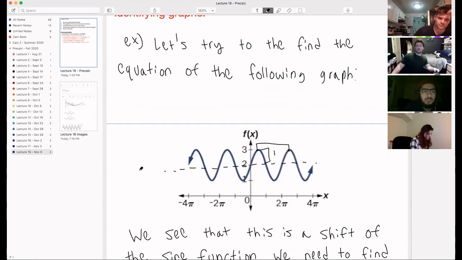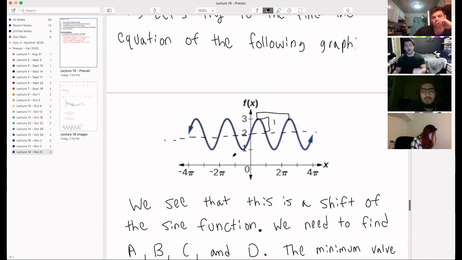Yeah, so that's another tough thing because the cosine and sine graphs look very similar. In fact, they're just a horizontal shift of one another. But you look at the sine graph, it starts like that, but the cosine graph starts like that. So that's the way I like to think of it. This one has this kind of behavior at the y-axis.